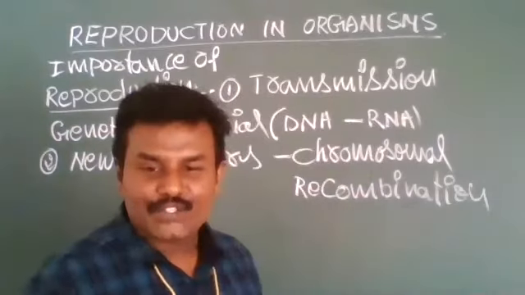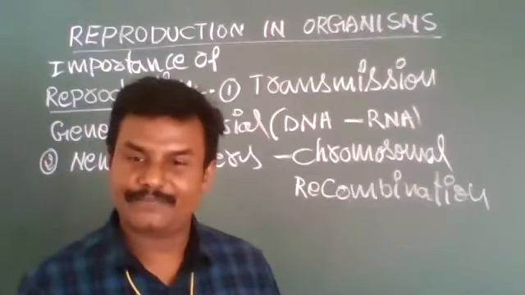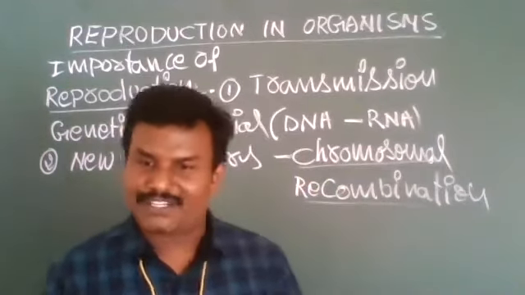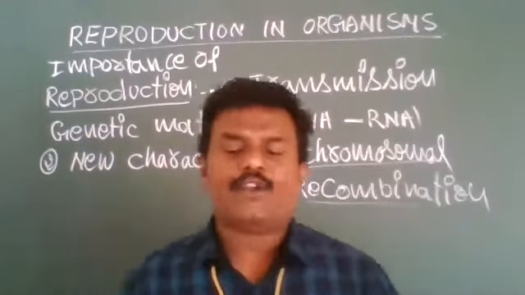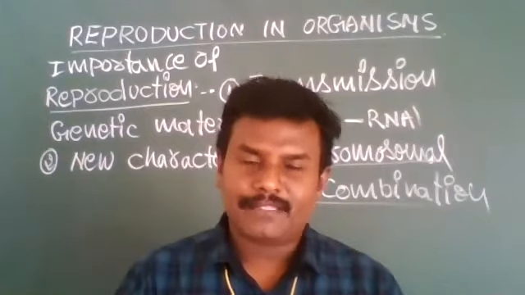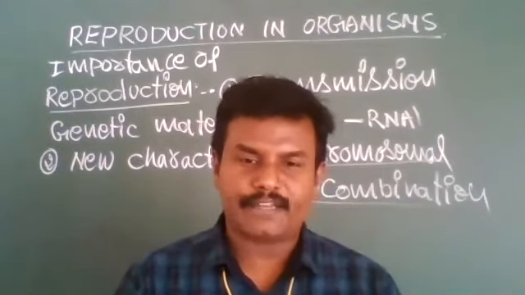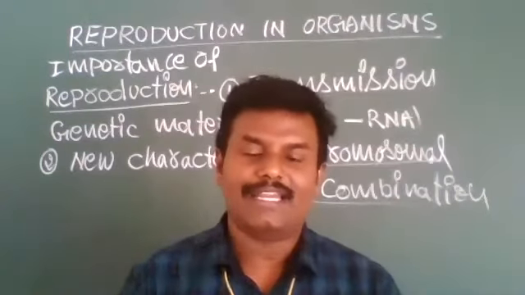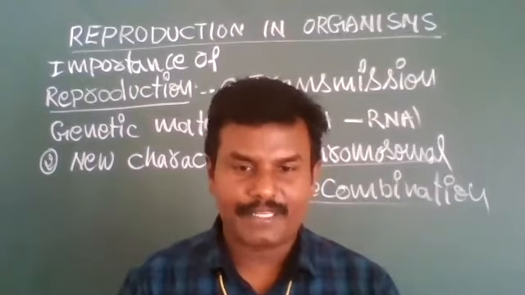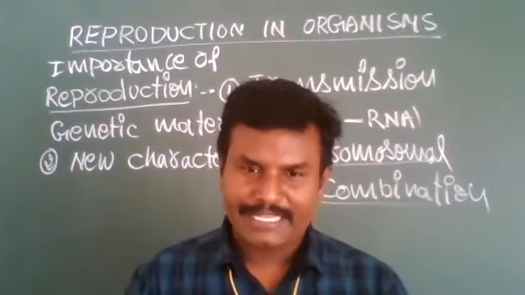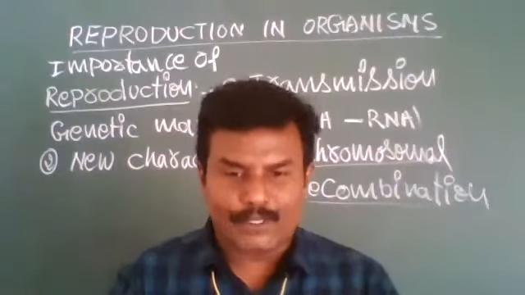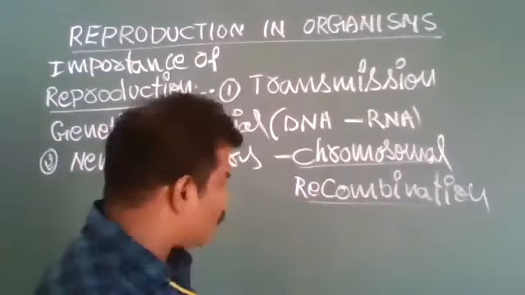This is a new point you will study in second PUC. Generally, everybody knows there are 23 pairs of chromosomes. 23 chromosomes fuse during fertilization and the diploid condition is formed. Before that, during gametogenesis, that is spermatogenesis and oogenesis, a process called recombination occurs.